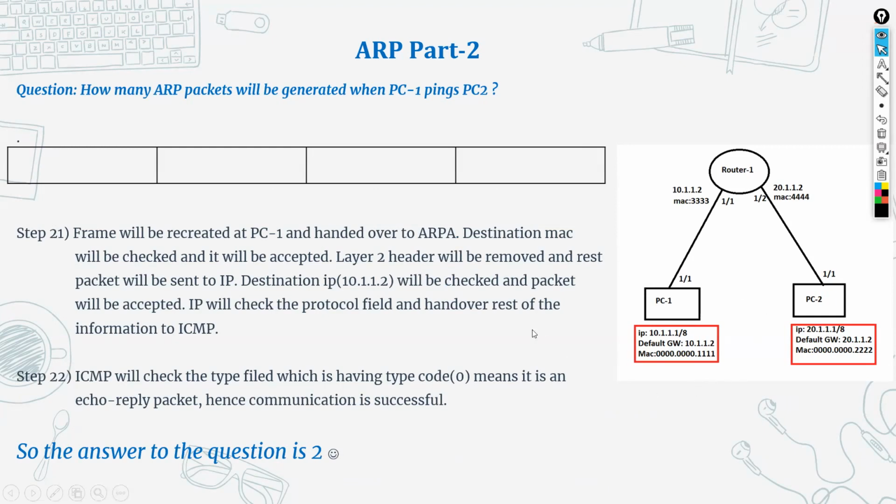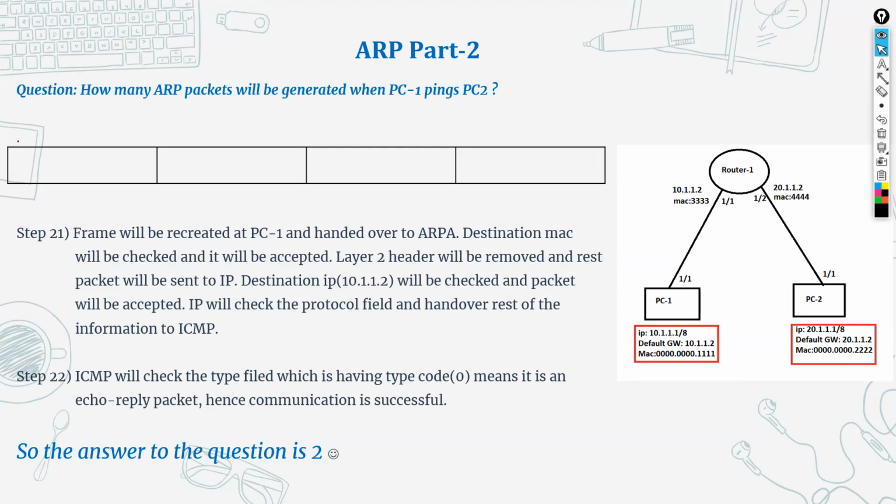Once it is removed, ARPA is going to check the type field, which was 0x0800, the type code for IPv4. That is why ARPA is going to hand over this information to IP. Now IP is going to check the destination IP, which is 10.1.1.1, its own IP address. That is why IP is going to accept this packet.